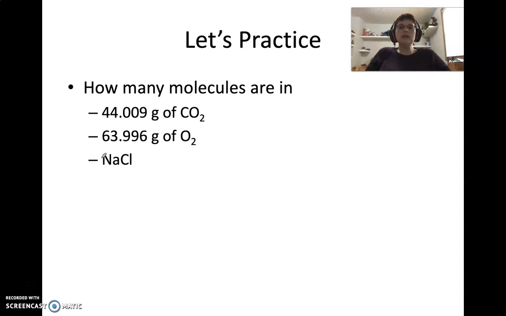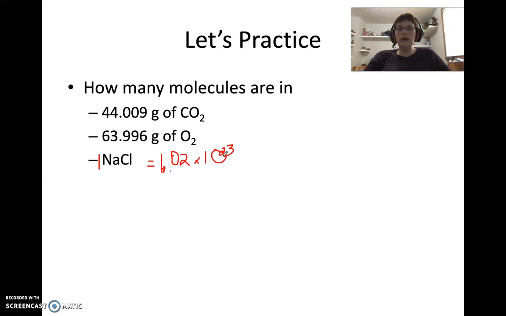The assumption is that there is a 1 in front of it. And when we're looking for moles and molecules, we're looking for the coefficient. And so the coefficient here is 1. So 1 mole is equal to 6.02 times 10 to the 23rd. Okay.